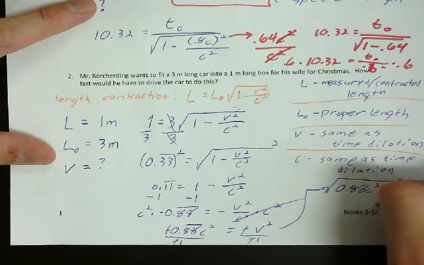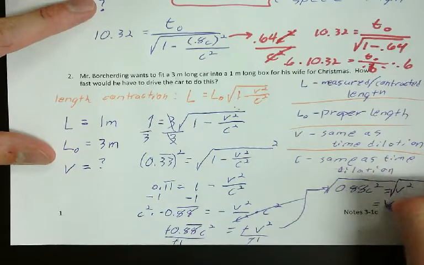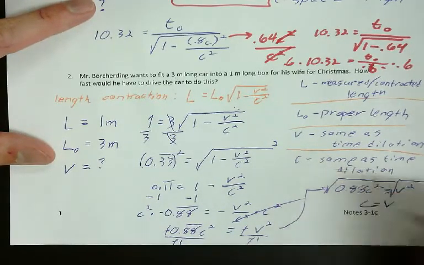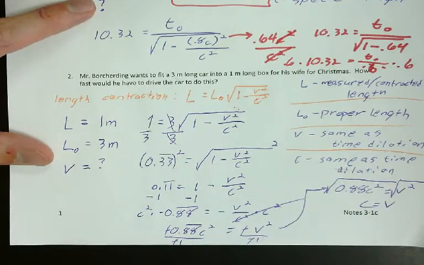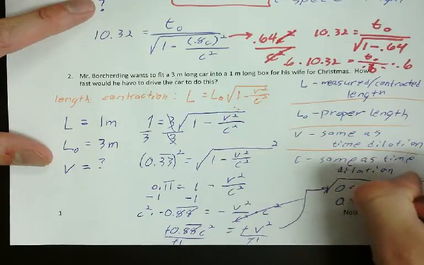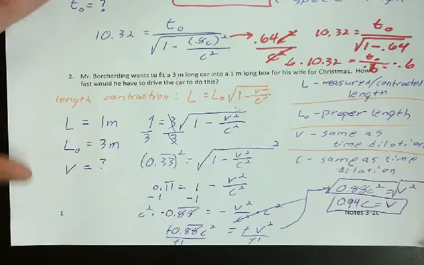Now, you might have been saying to yourself, Mr. V, why are we keeping this C squared around? This is just annoying. Here's why. When I square root C squared, I get C, and when I square root 0.88, I get 0.94. So my answer is 0.94c.